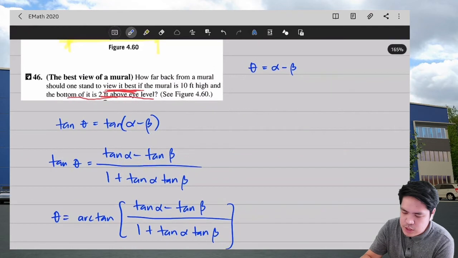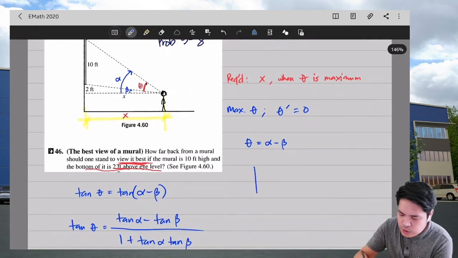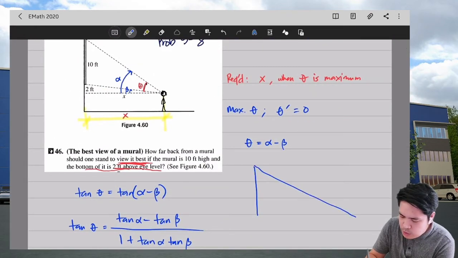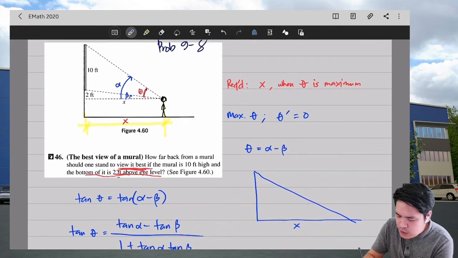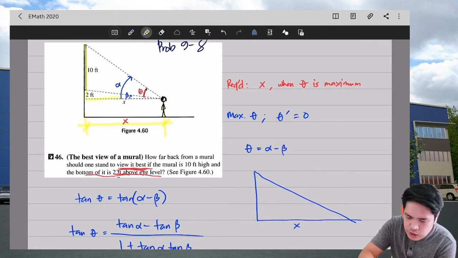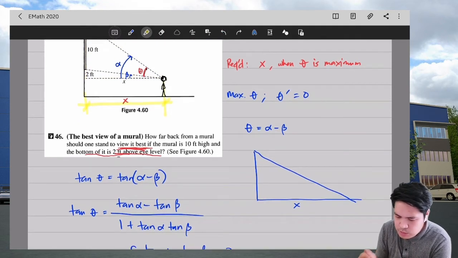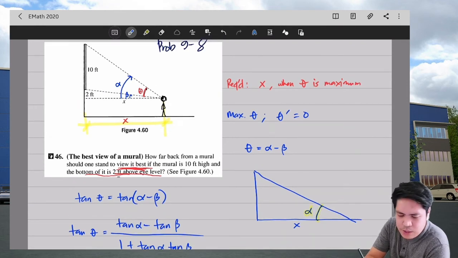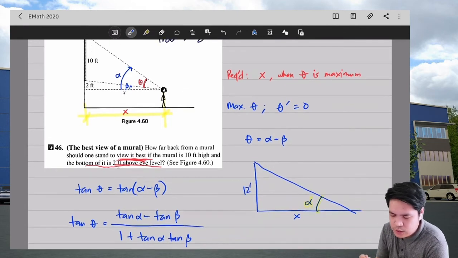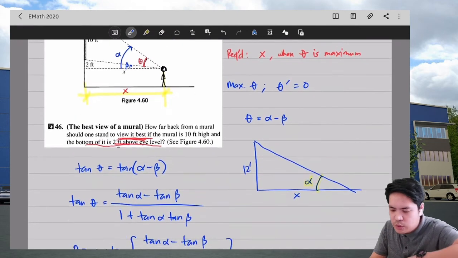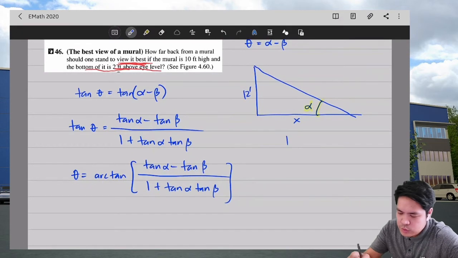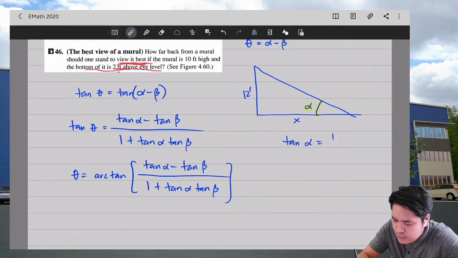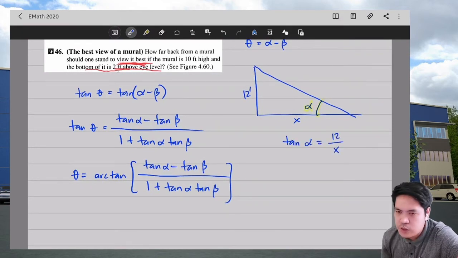So we do that by drawing the triangle again so we don't get confused. So let's start with this triangle. This is the bigger right triangle. Let's reconstruct that. The bottom side is x. This angle is alpha. The opposite is 10 plus 2. So this is 12 feet, its opposite. Okay? So, therefore, tangent alpha is equal to opposite over adjacent.